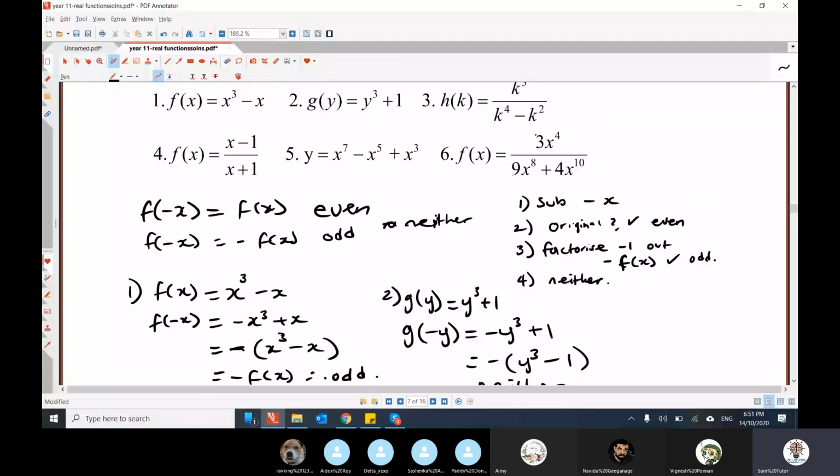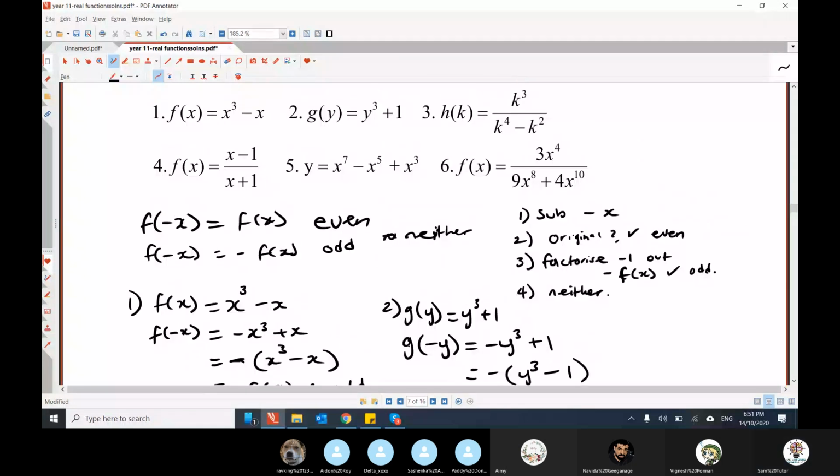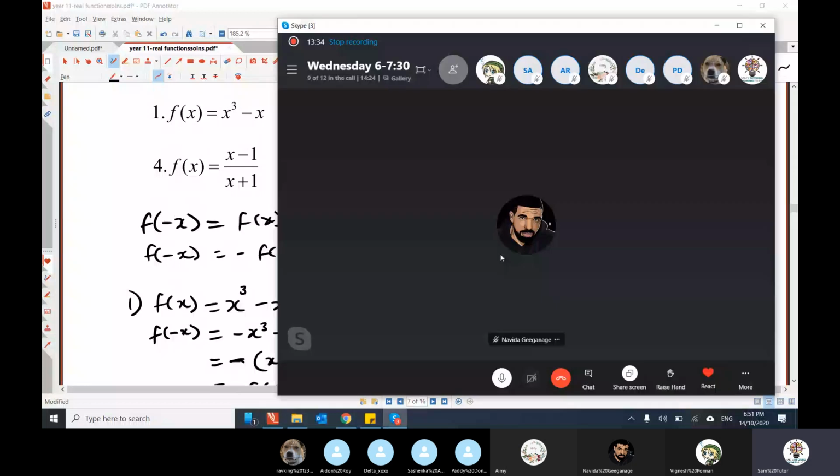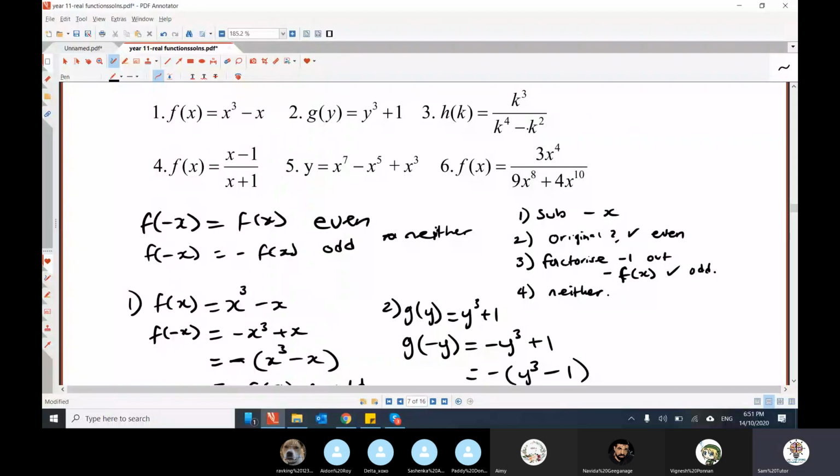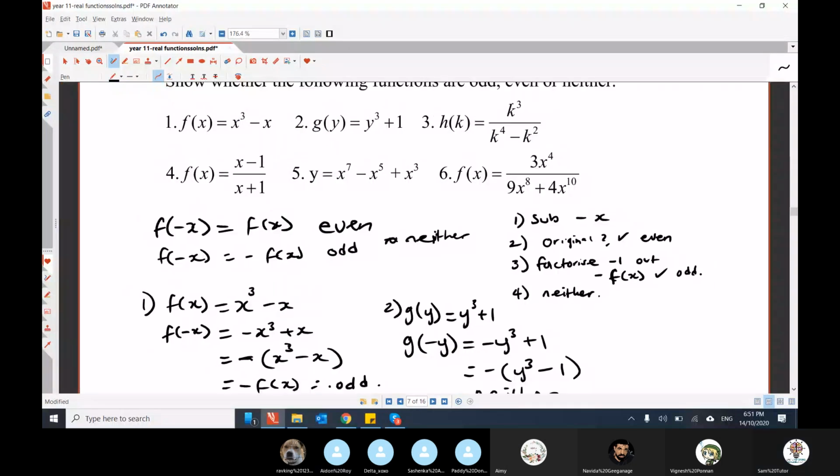Number 3. I think maybe Aiden. Have you done number 3 yet, Aiden? Is it odd? Odd. So, the h of negative k gives you negative k cubed.